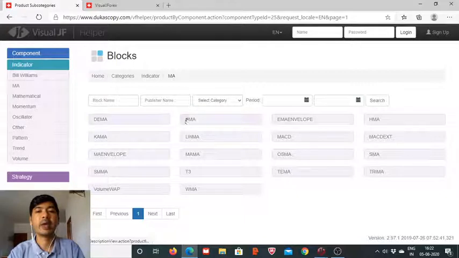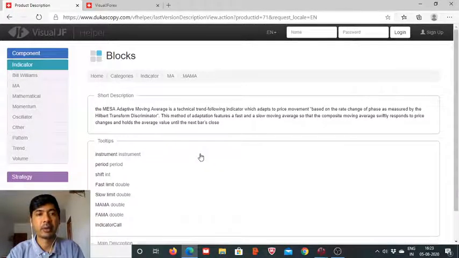So far we have done these indicators which were based on the moving averages, and now it's the turn of MAMA. From this short description you can understand that it is a trend following indicator, and the added point is that it quickly adjusts and adapts to the price movement, and that is one of the plus points here.